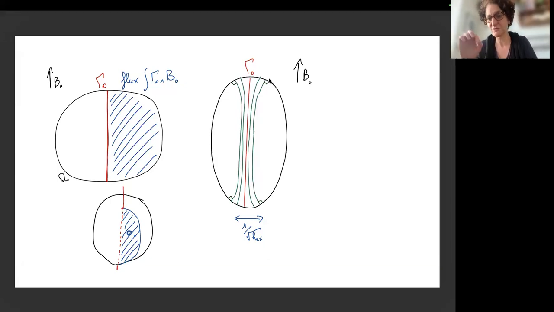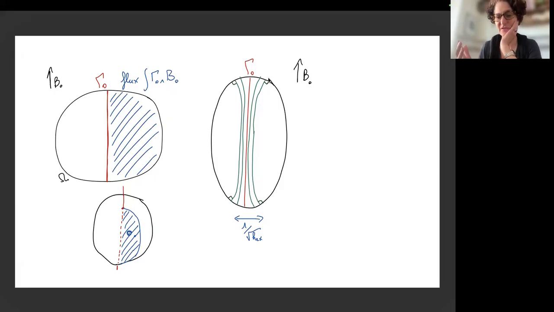Remember, they want to minimize length, they also want to maximize magnetic flux. But as they get towards the boundary, they curve in order to reduce the length. And that is a phenomenon that is a bit contradictory to the expectation at the beginning of the story, because people just thought, okay, the leading order is the length, so the curves will be straight.